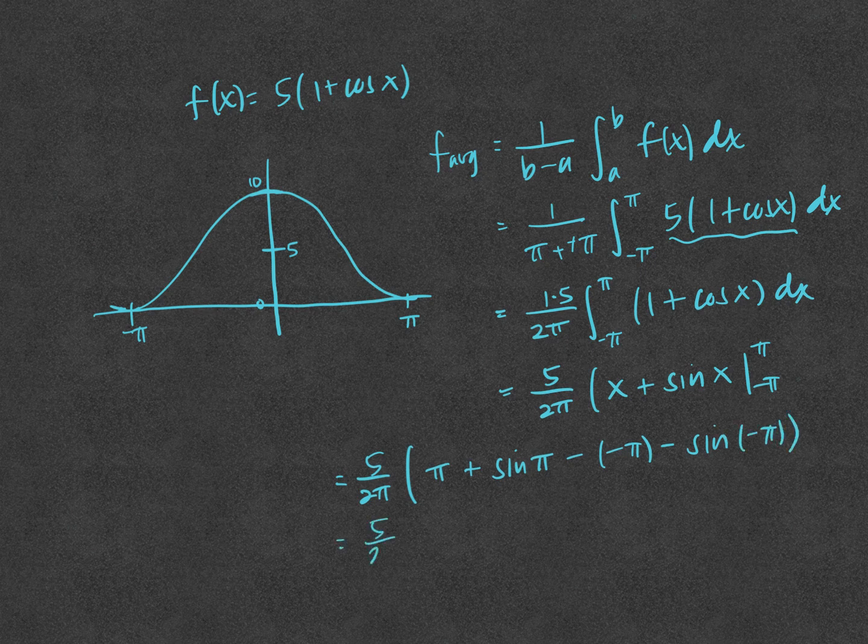So we have 5 over 2 pi, we have pi, and then sine of pi is 0, and this becomes plus pi, and sine of negative pi is also 0. So we end up with 5 over 2 pi times pi plus pi, which is 2 pi. So the average value is 5. If you think about the wave, that makes sense.